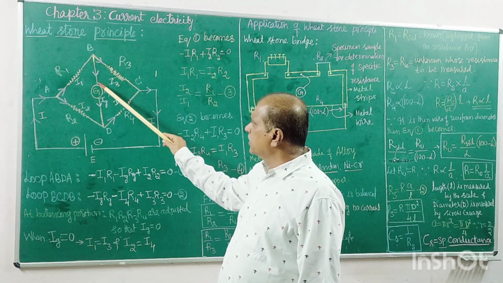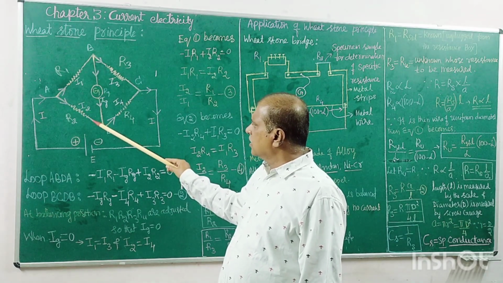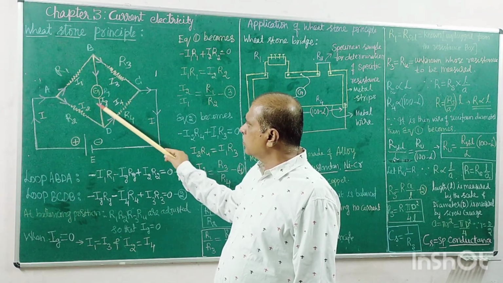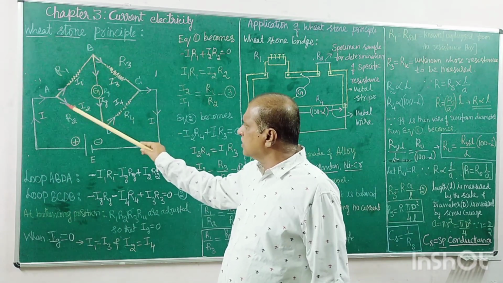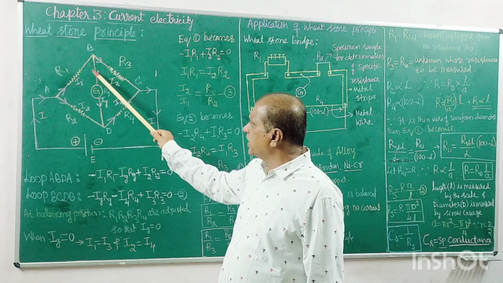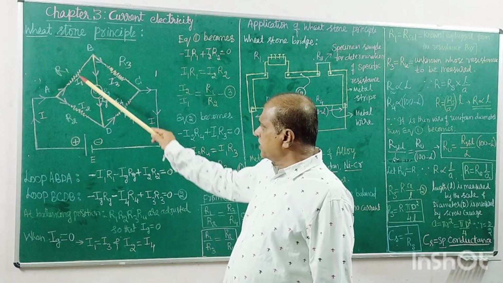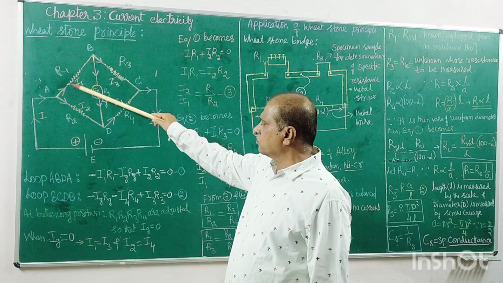These two are in the direction of the loop, but look at this current, it is in the opposite direction. Therefore, if this takes minus, this will take plus. The potential change, V, is equal to IR.